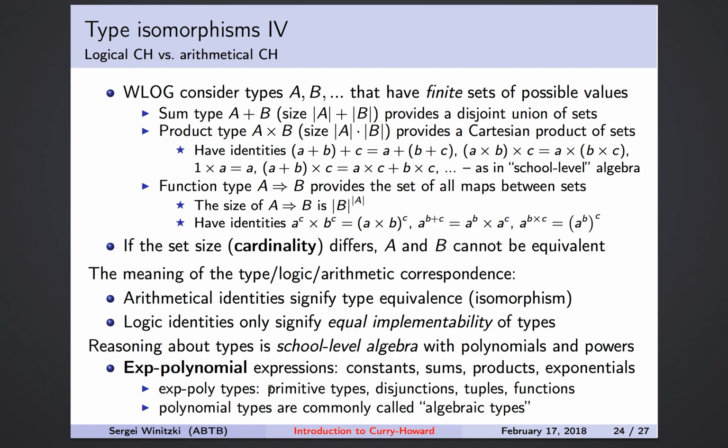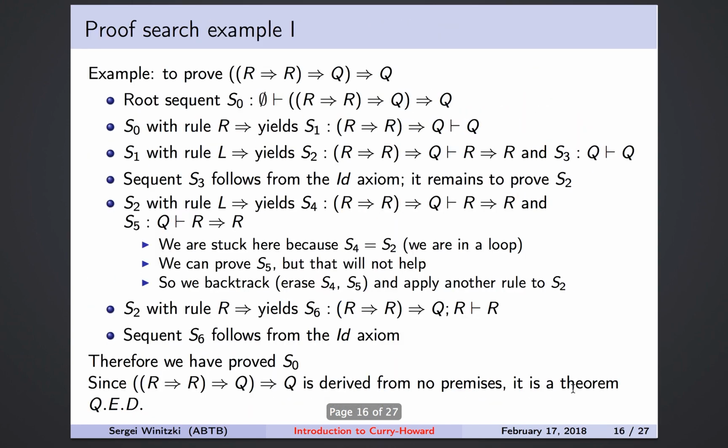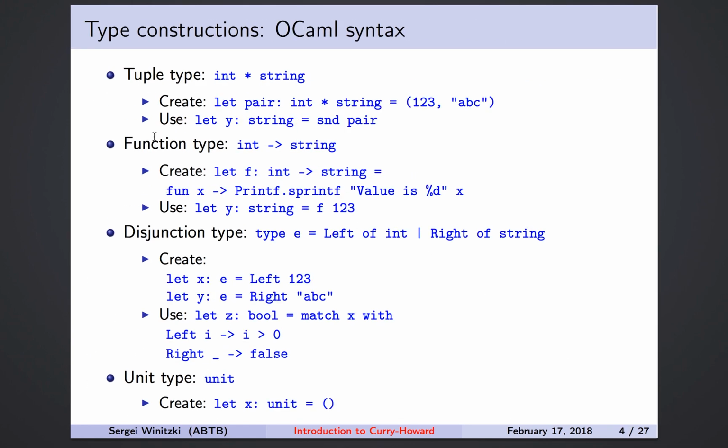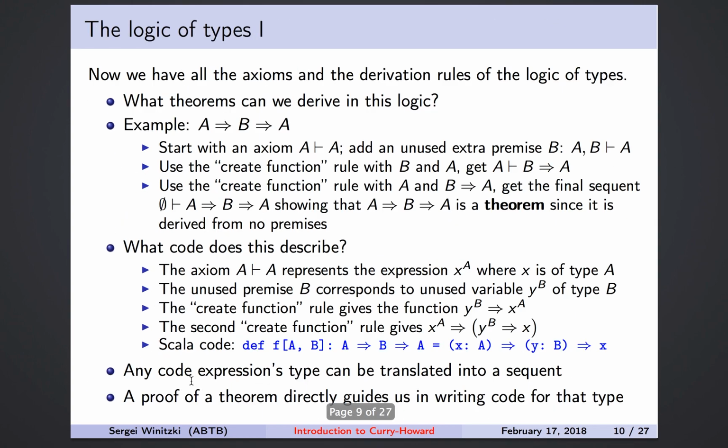So all we have been talking about in this tutorial is what I call exponential polynomial types. These are the basic type constructions that I started with: tuple, product, function, exponential, disjunction, sum, unit, constant, or one.